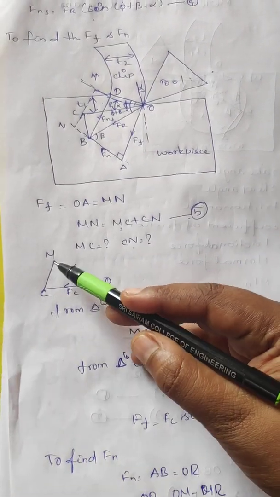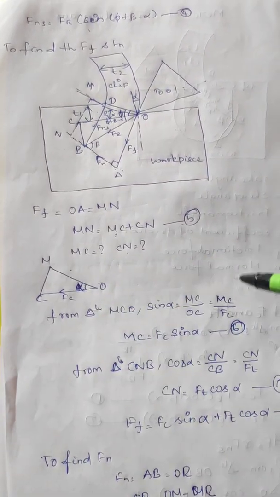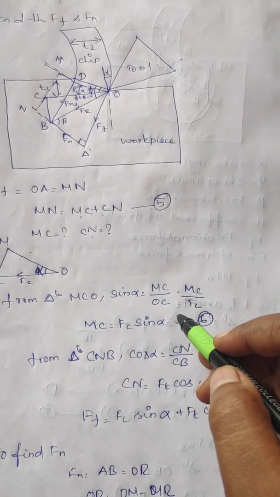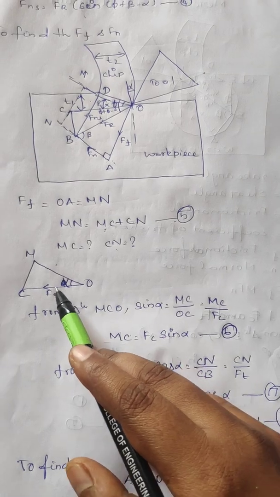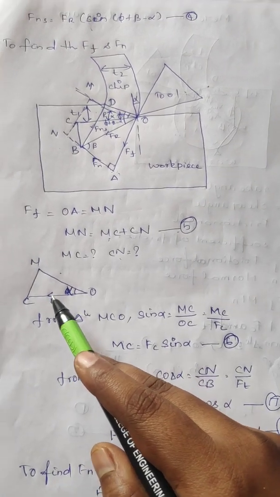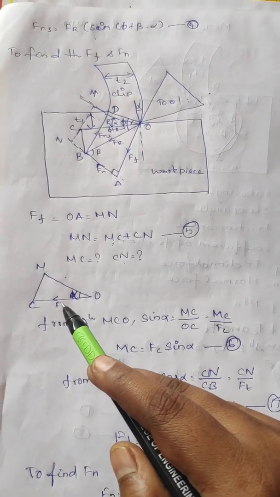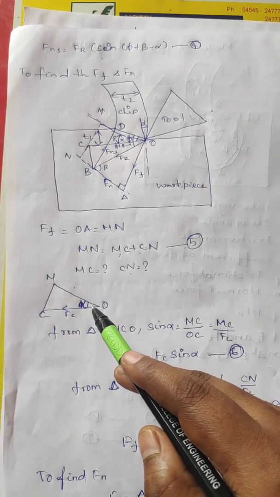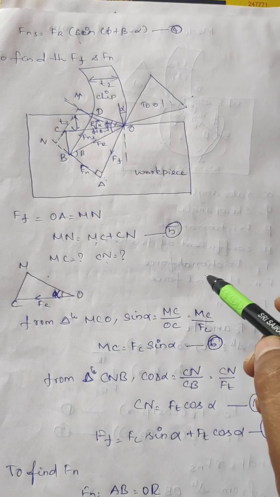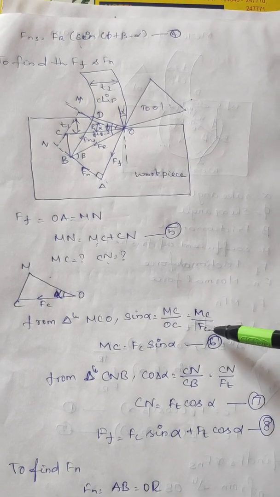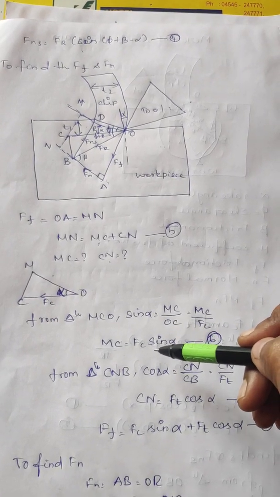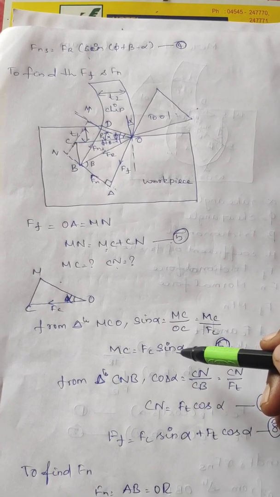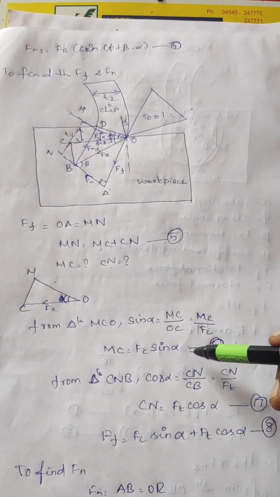After that, from triangle MCO, we get sin alpha is equal to MC by OC. Here in OC we have the horizontal cutting force, so we can substitute OC with Fc. So we get MC is equal to cutting force into sin alpha, that is sin of the rake angle.